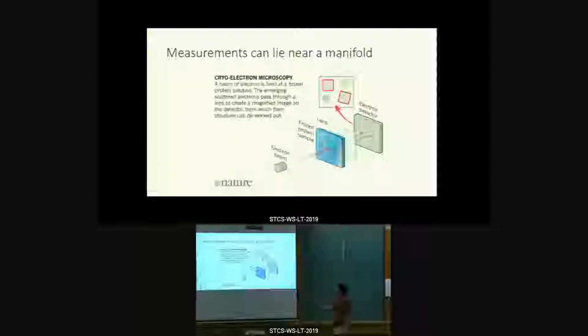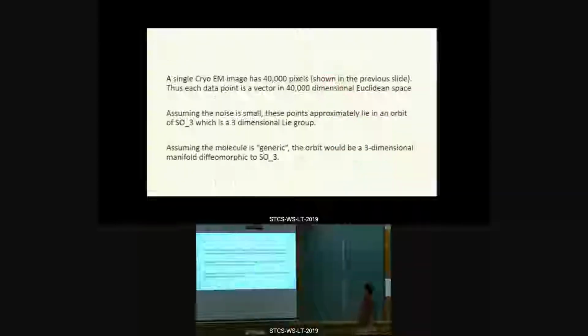This can be viewed as measuring the line integral of some sort of electron density through the large protein. If you think of these proteins as functions from a ball to the reals measuring the electron density, then rotations act on these by spatially rotating the molecules.